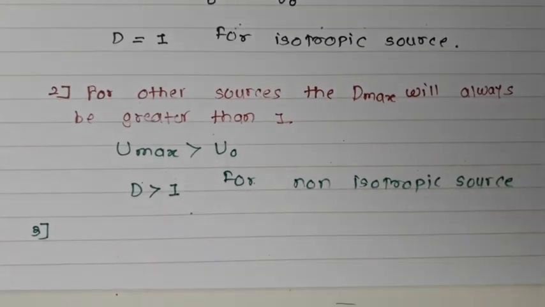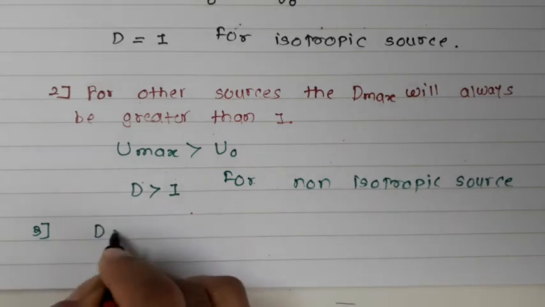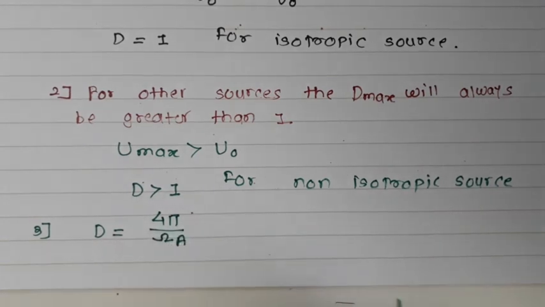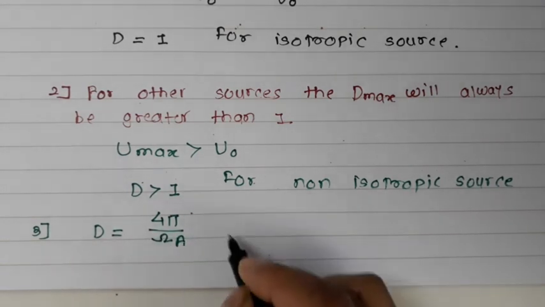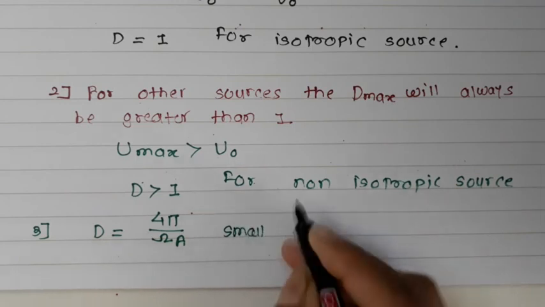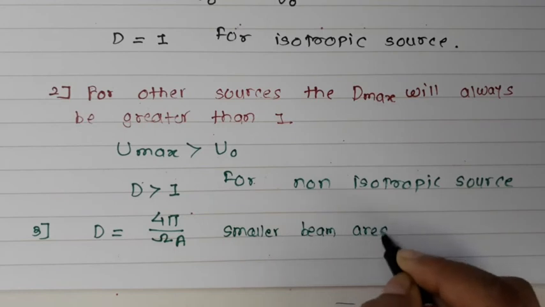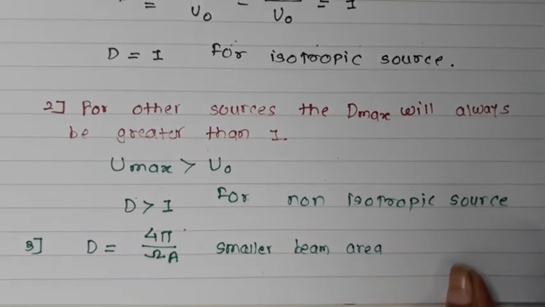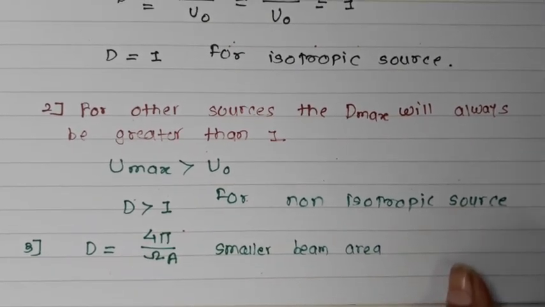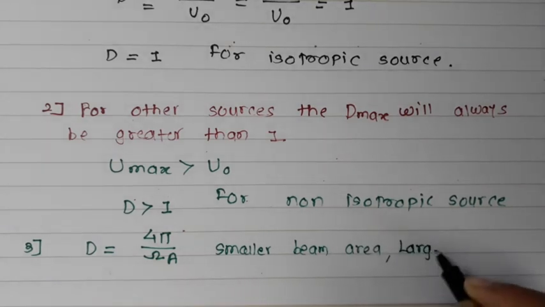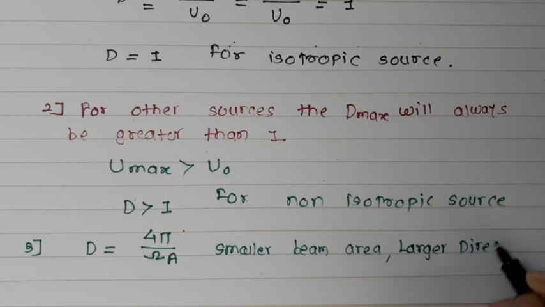Now the third property. The expression of D we have seen is 4 pi divided by the beam area. So it is clear that if you have a smaller beam area, you have a larger directivity, because both are inversely proportional to each other.